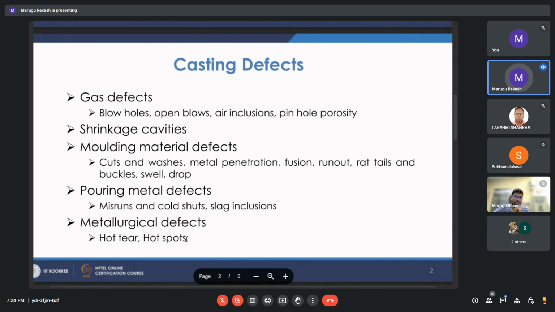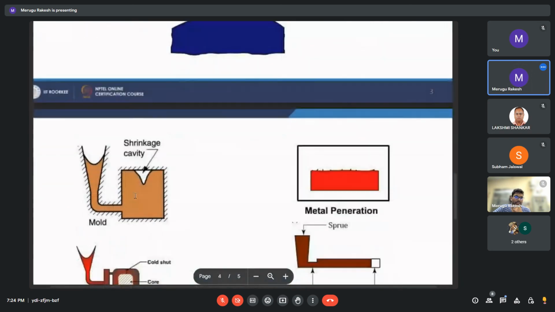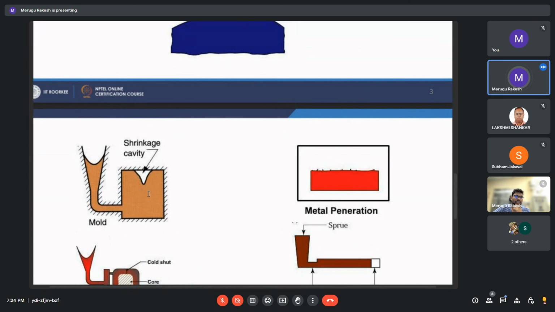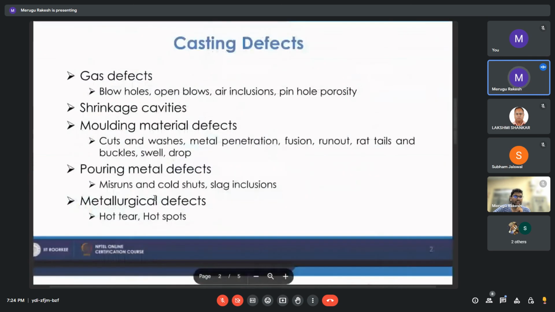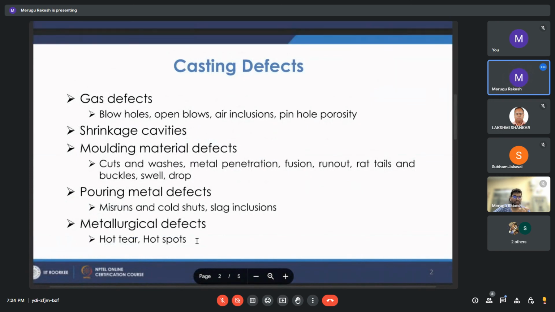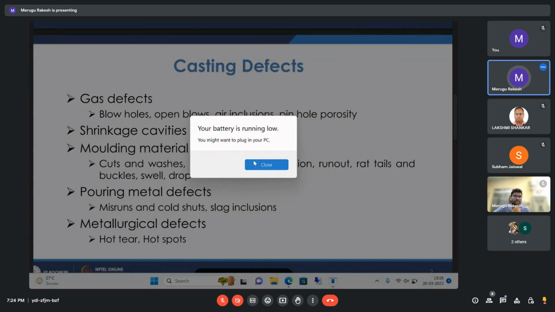Here you can see shrinkage happening. But hotspot, as I explained, will be inside the shrinkage. You can say these are kind of related, both more or less effects. But hotspots you can actually predict because it is the last solidifying region.